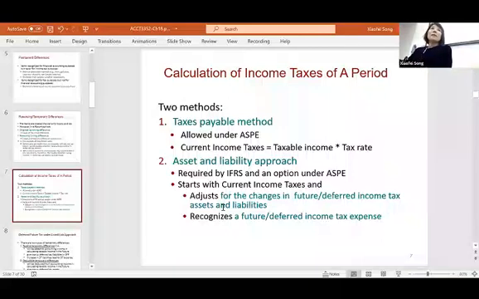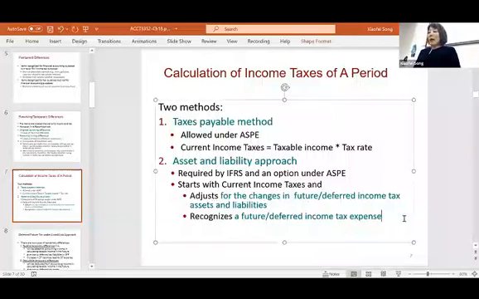So using the asset liability approach, the changes in the assets or liabilities give rise to income or expense. So start with the current income tax, adjust for changes in deferred tax assets and liabilities, and that change will be recognized as future or deferred income tax expense.